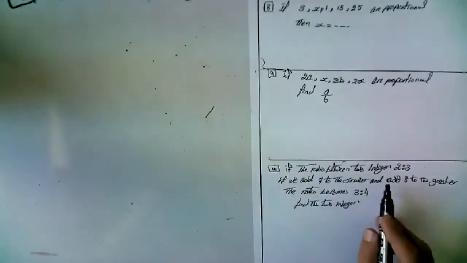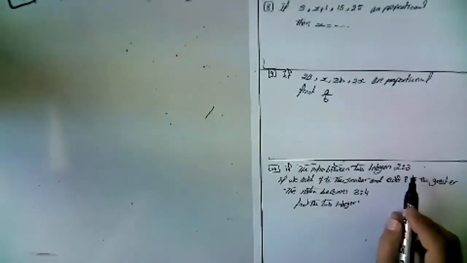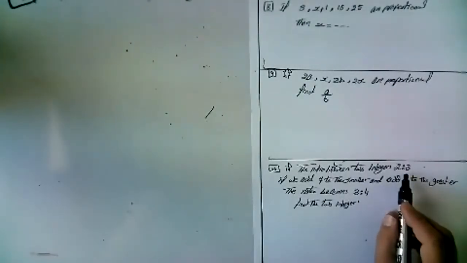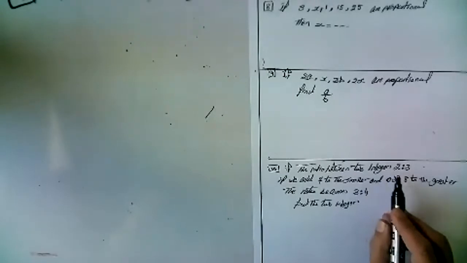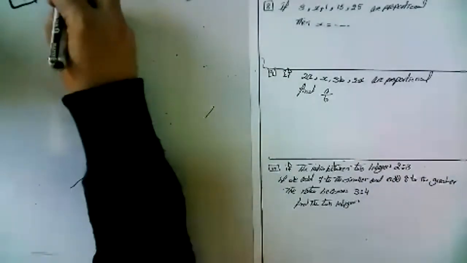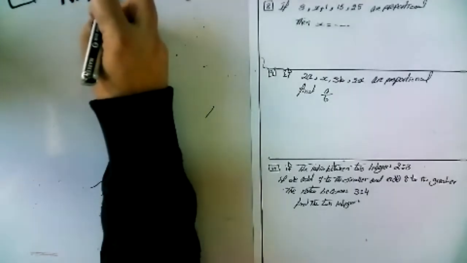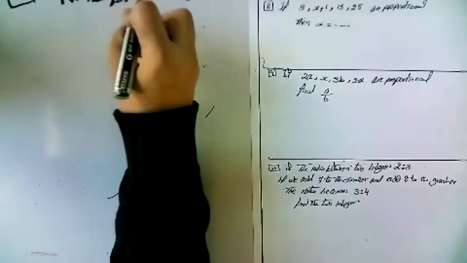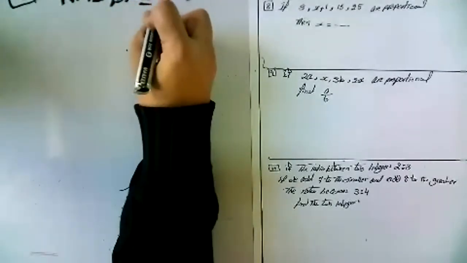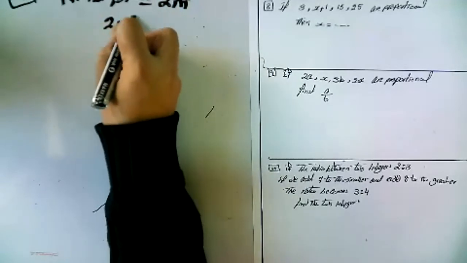The ratio between two integers is 2:3. You know that 2:3 is a ratio. They are not the real values of the two integers. Now, let the first integer be 2m and the second 3m.